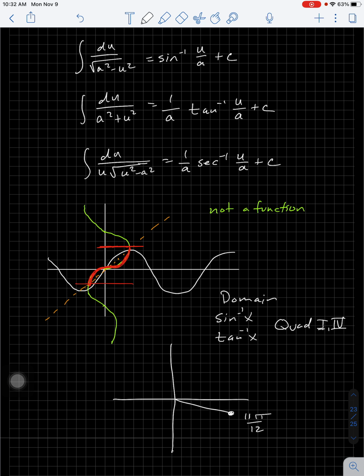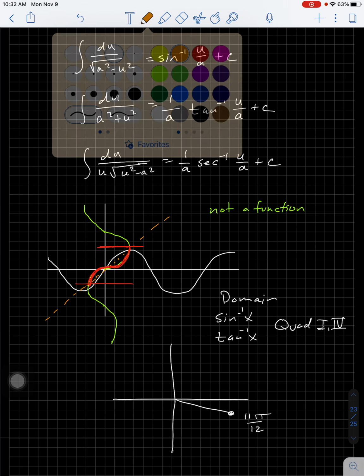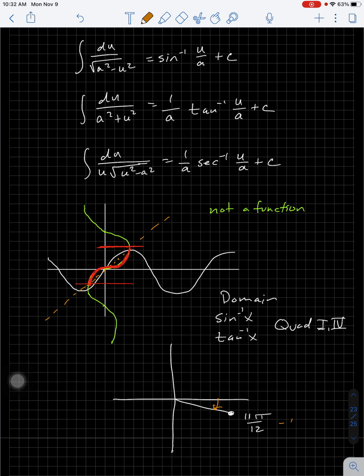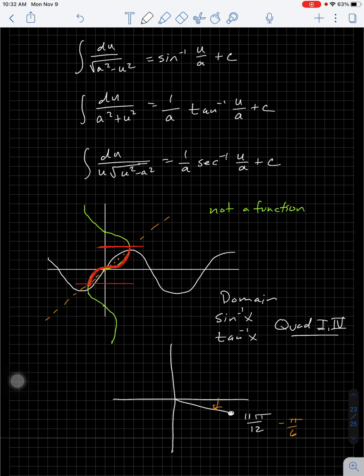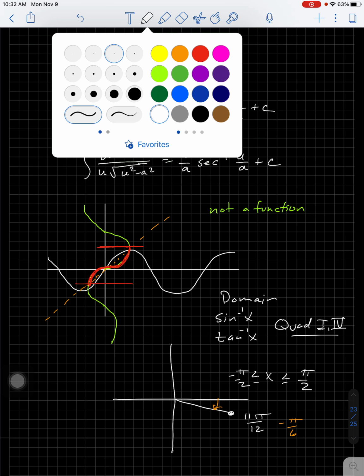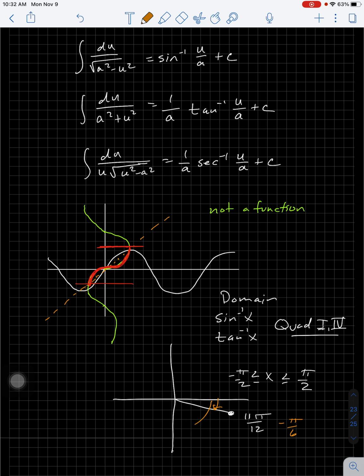We said you can't call that 11 pi over 12, you have to call it negative pi over 6. The reason is that I write quadrants 1 and 4 just to be quick and clear, but technically the domain is between negative pi over 2 and positive pi over 2, right? So that means I can name any angle in this quadrant going this direction or this one going this direction.